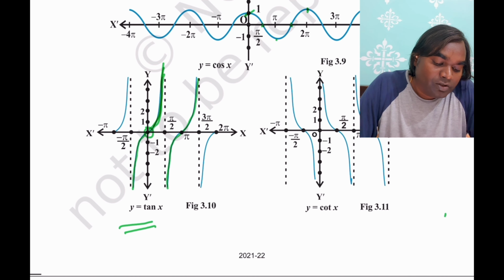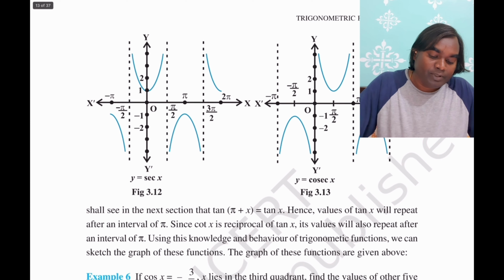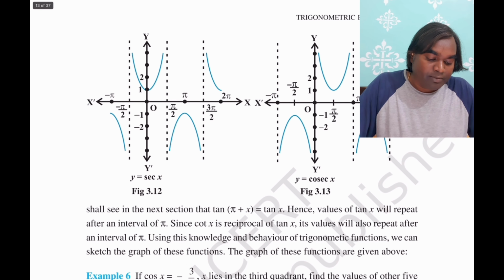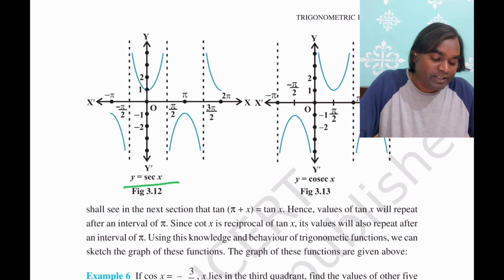That is very important, that is very crucial, and you should note it down. Similarly, we can check for the variation of cot x, and if you have any doubt, please let me know in the comment box. I will clear it. And this is the variation for sec x and cosec x.